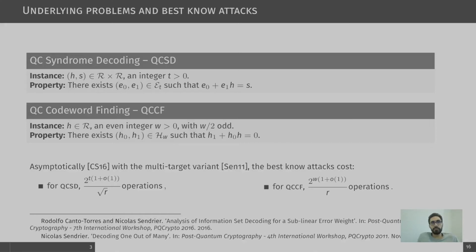For the first problem it is about 2^t, and for the second one it's about 2^w. Then, since these are the quasi-cyclic variants of the problems, you have to consider that you can use a multi-target variant of the information set decoding algorithms, and this way you gain a factor of about the square root of r for the first problem and r itself for the second one.